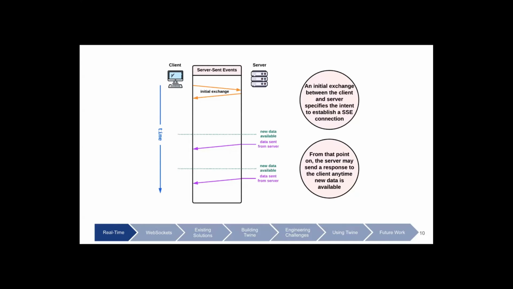The benefit of server-sent events is that they require fewer request-response cycles than polling, which reduces latency. However, server-sent events only support unidirectional communication from server to client, which limits their usefulness in applications that require data to be sent from the client in real time. It is this gap that led to the development of the WebSocket protocol as a method of implementing bidirectional real-time communication.